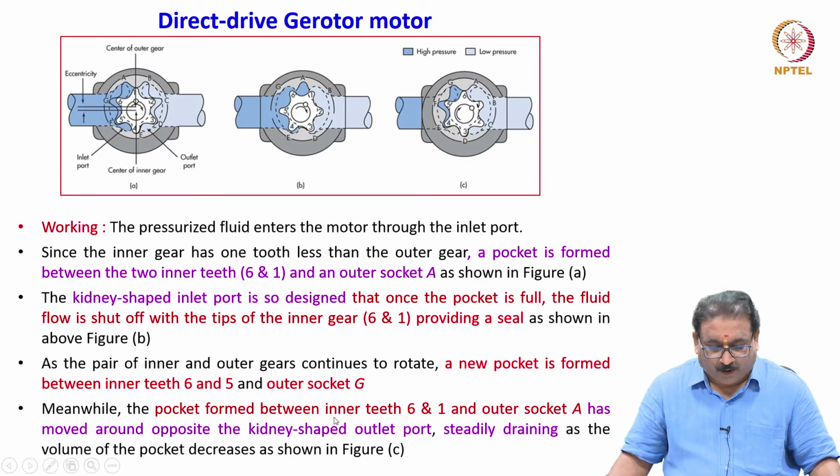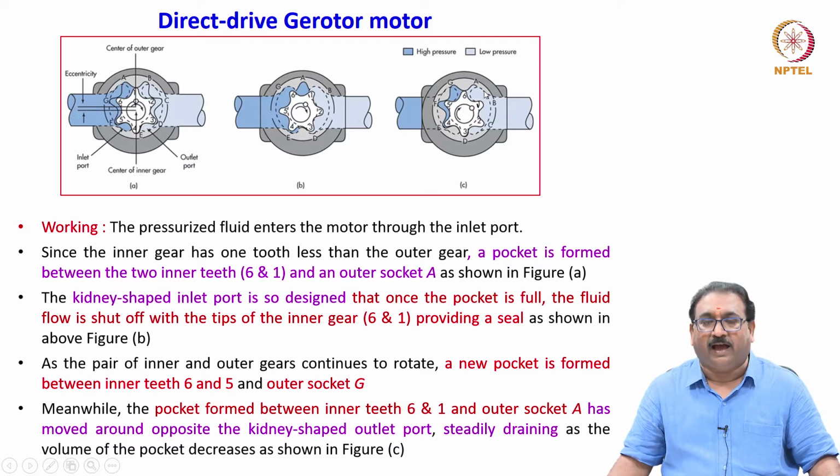Meanwhile, the pocket formed between the inner teeth 6 and 1 and outer socket A has moved around opposite the kidney shaped outlet port, steadily draining as the volume of the pocket decreases. When it moves here, the oil will be drained, discharged to the tank.